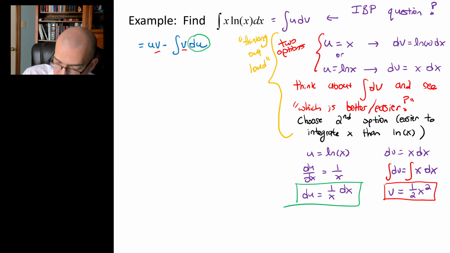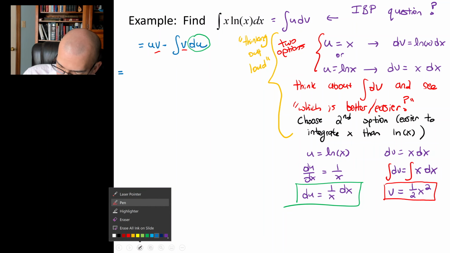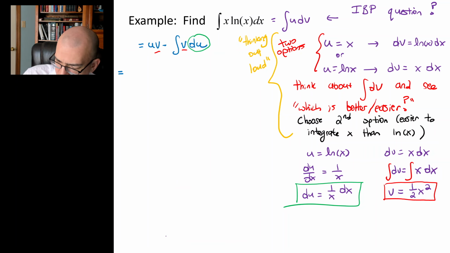Okay, so let's sub in those pieces. So u, we said, was ln of x. I'm going to need more space. I'm going to write all the way to the edge there. I make the souls of my old math teachers sad by not having equal signs line up.